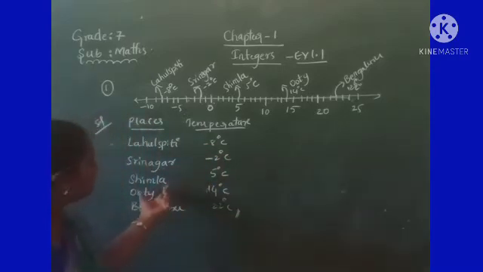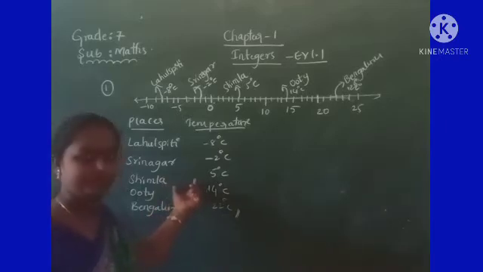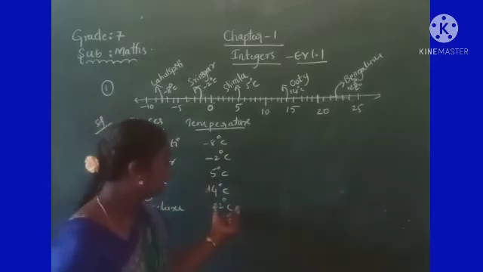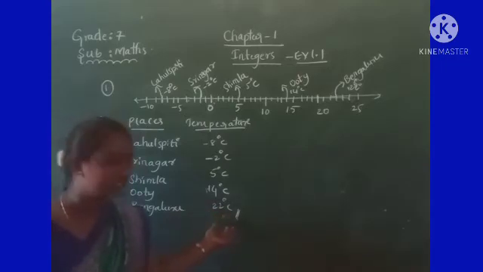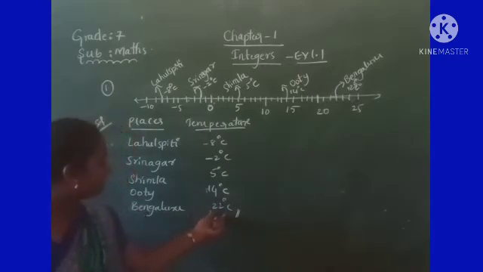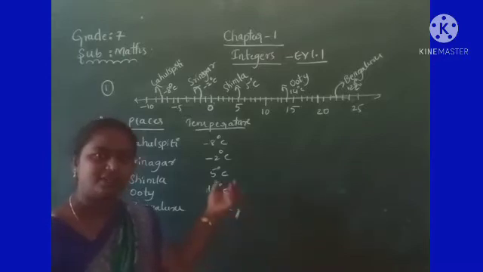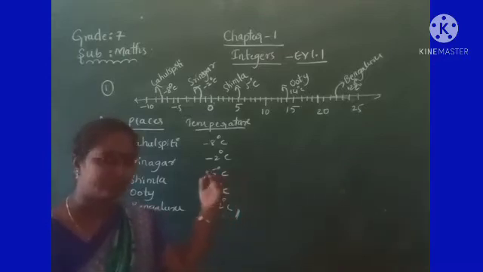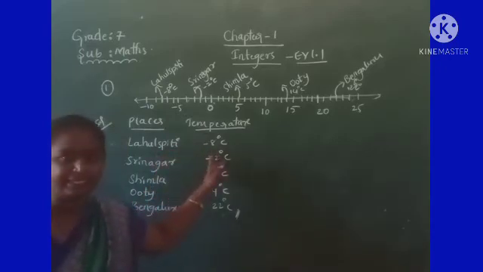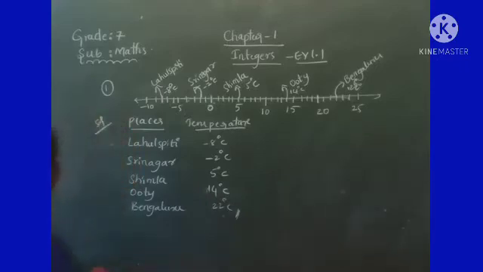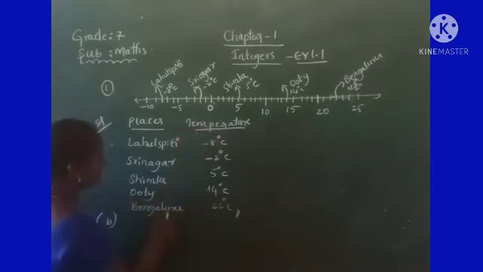Which place has more temperature? Very good, Bangalore, that is 22 degrees Celsius. Coldest means the temperature goes into the negatives. That is Lahul Spiti. These two places' difference we have to find out.